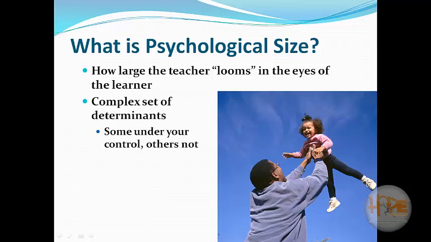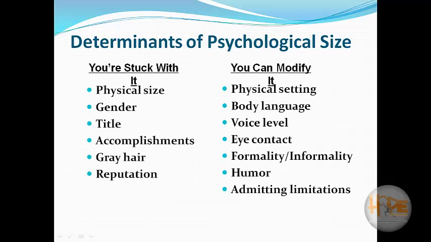What is psychological size? How large the teacher looms in the eyes of the learner. It is a complex set of determinants. Some are under your control and others are not. Let's see the determinants of psychological size.